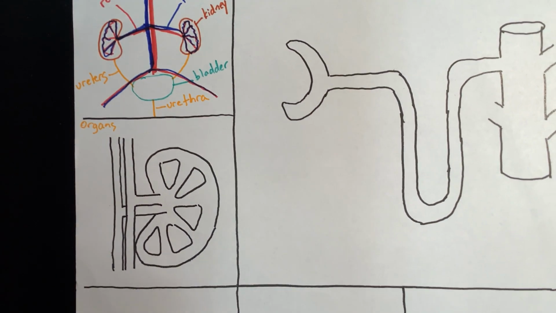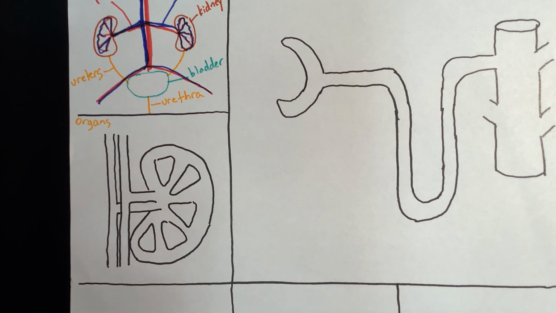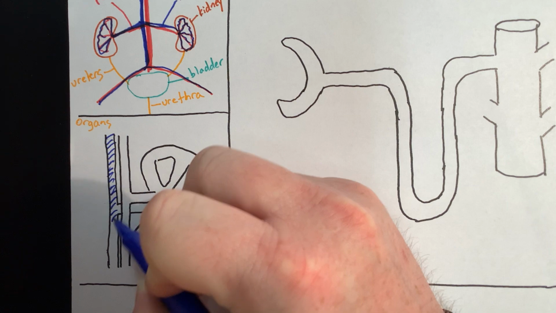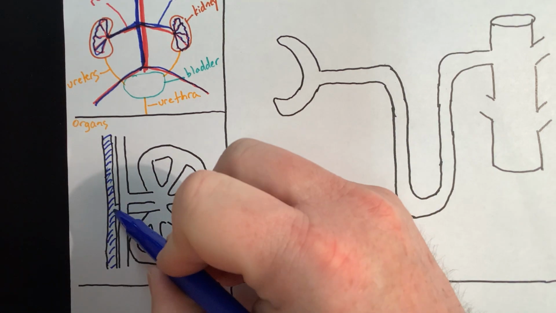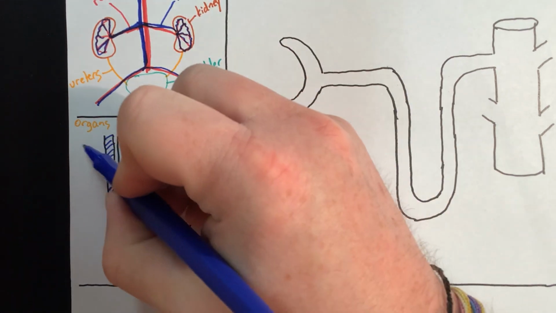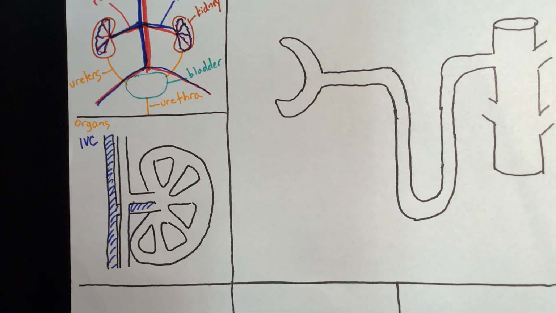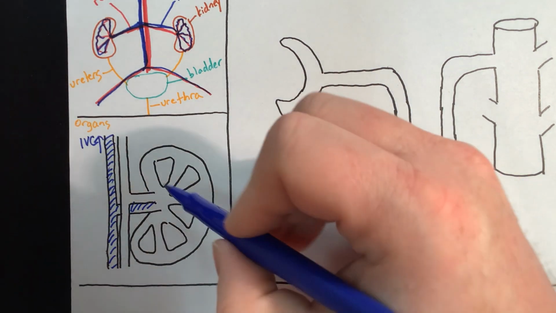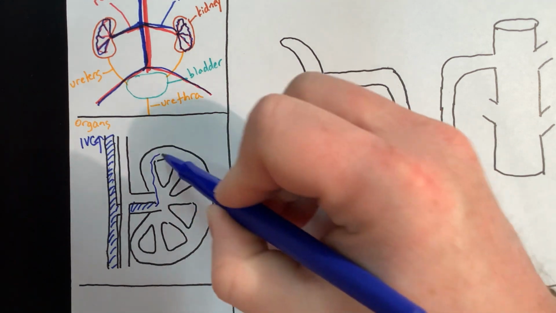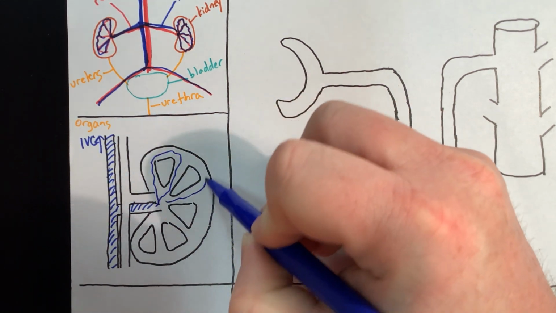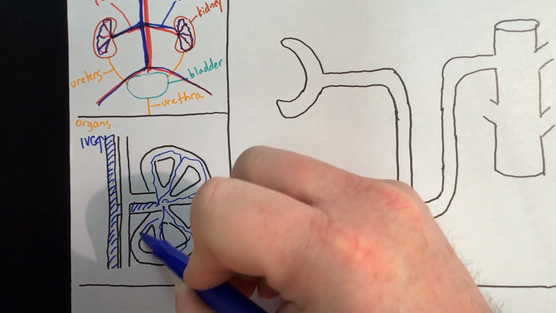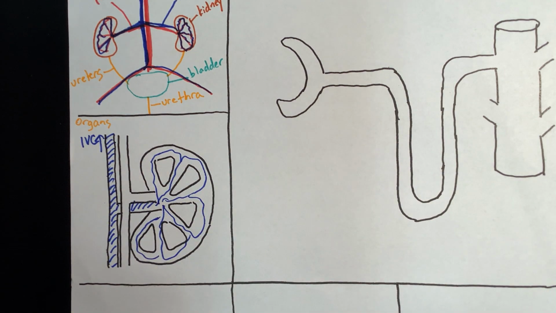Let's scooch on down and take a closer look at the kidney. Since I've got the blue pen handy, here is our inferior vena cava, taking blood back up to the heart, and then that branches out to the various sections of the kidney once you're in there.